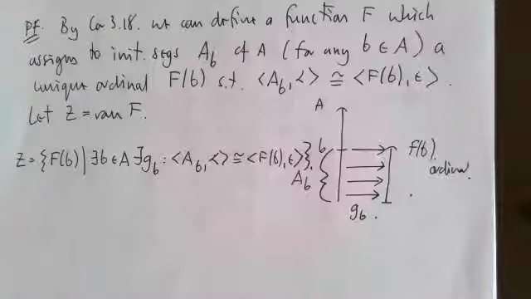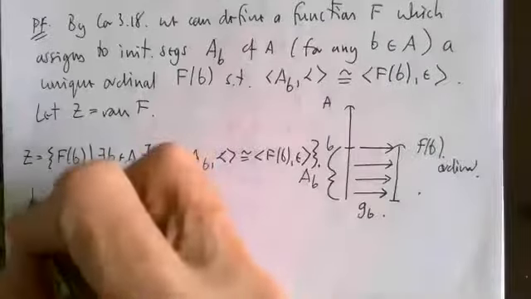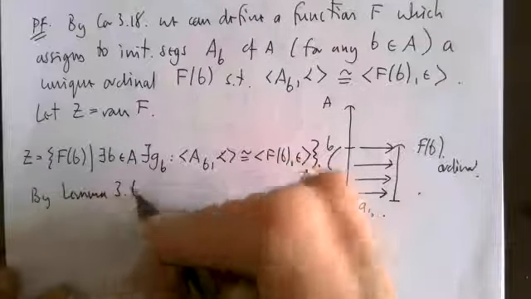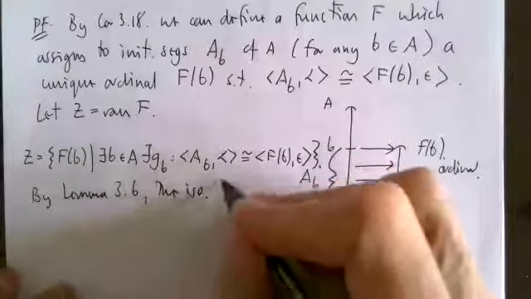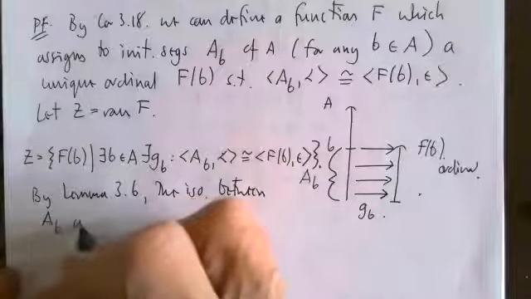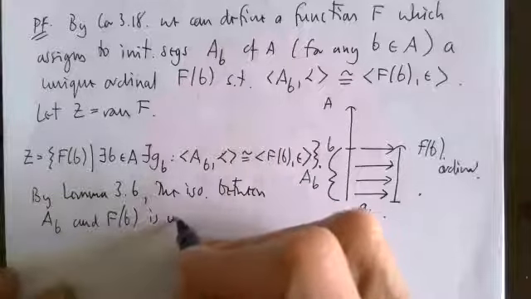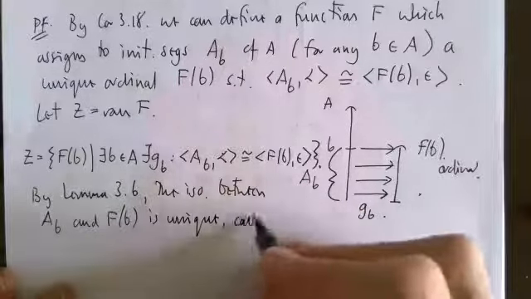So GB is appealing to 3.6: the isomorphism between AB and f of B is unique. So we call it GB.